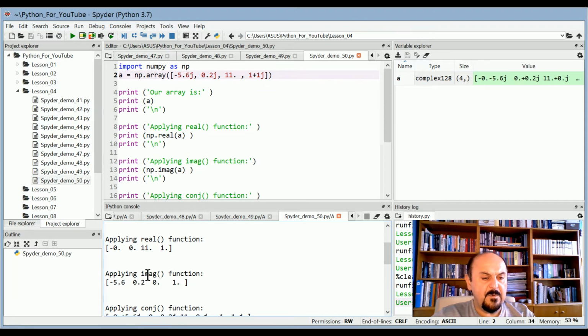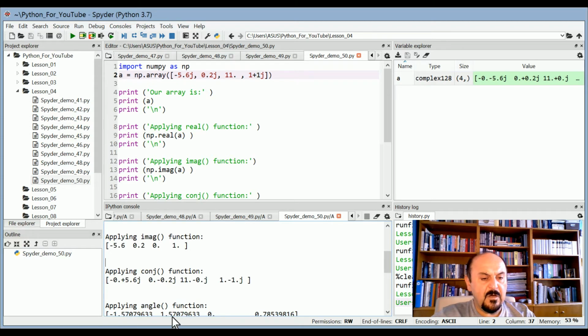After applying the imag function, the imaginary part is 5.6, we just omit the letter j, and the imaginary part is 0.2, and for this one there is no imaginary part, and the imaginary part is plus 1 without j.